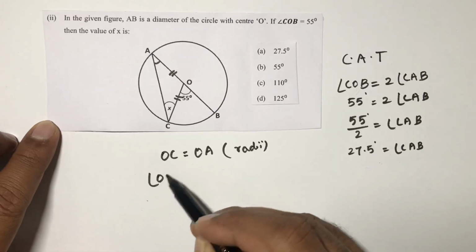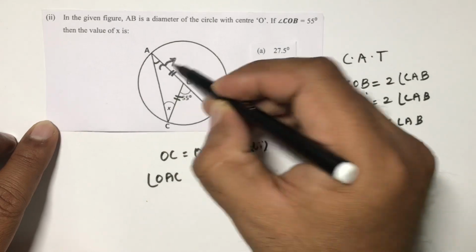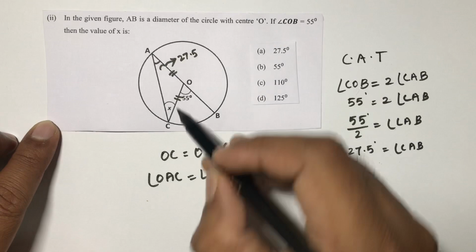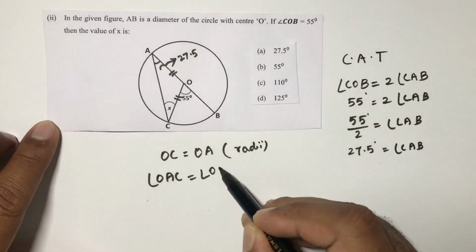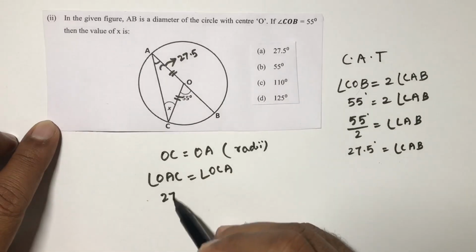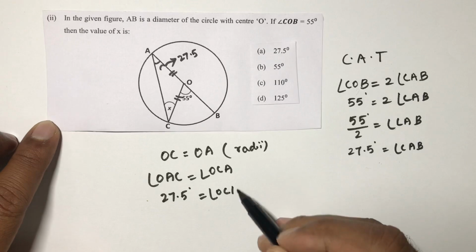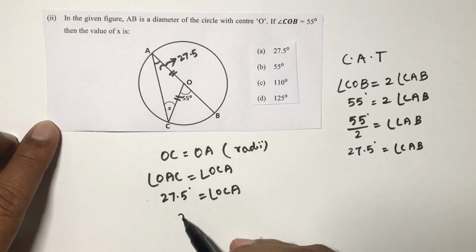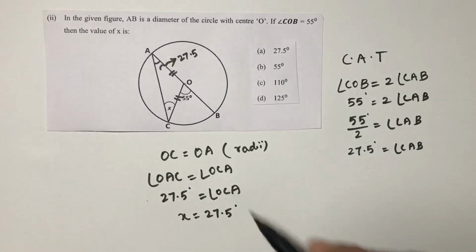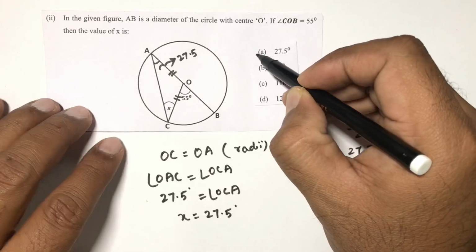So angle OAC, which you got just now, 27.5, equals angle OCA. OCA is nothing but x. So x is 27.5 degrees. So the value of angle x is 27.5 degrees. So the correct option is A.